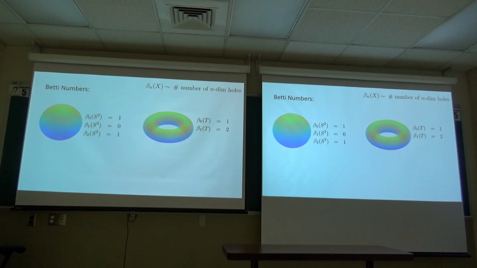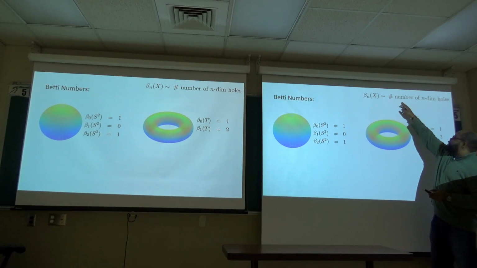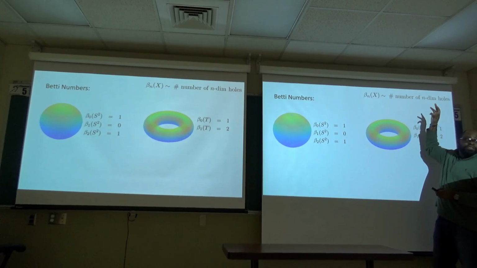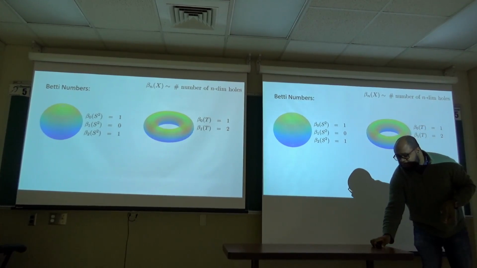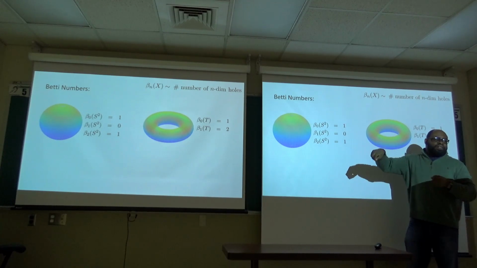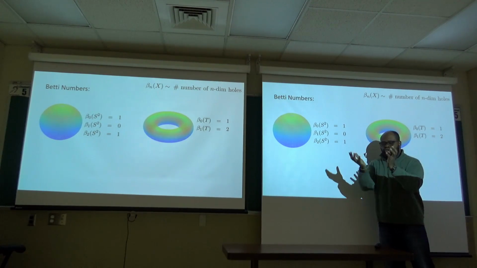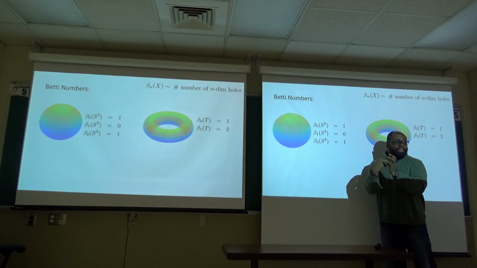Now Betti 2 measures the number of two-dimensional holes in the space. So if Betti 1 was measured with curves, then Betti 2 should be measured with closed two-dimensional objects that do not bound anything.